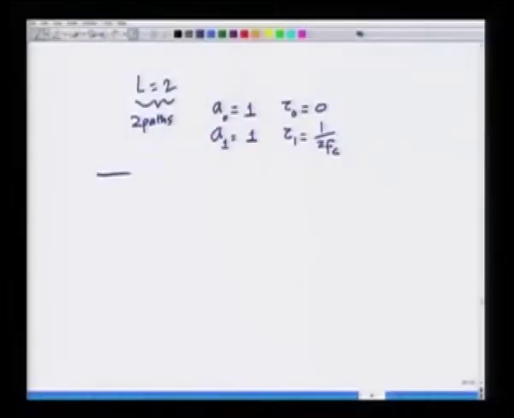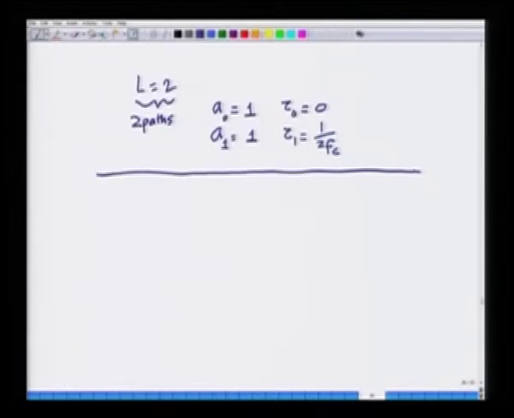Now, if I look at the coefficient, let me give the complex coefficient a name.